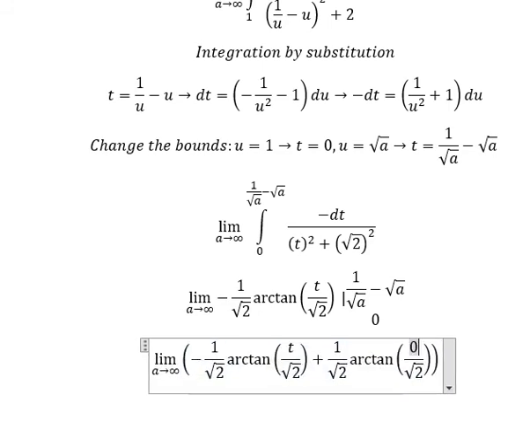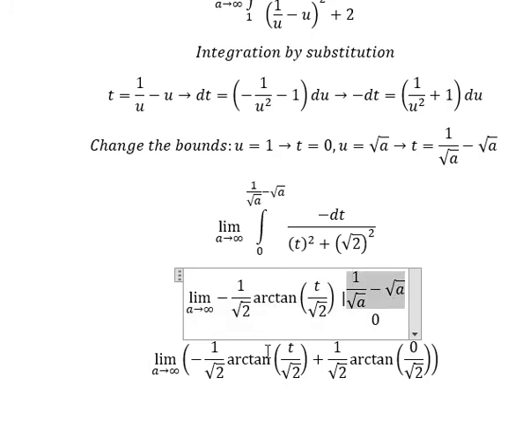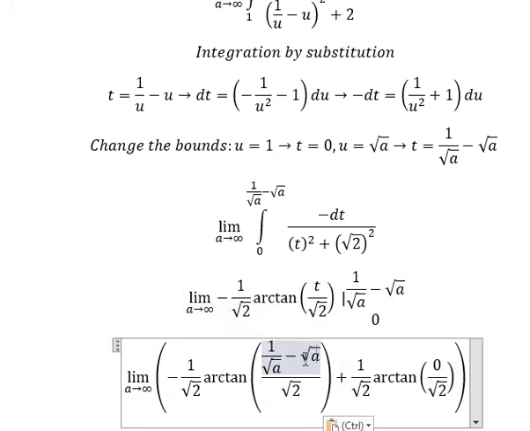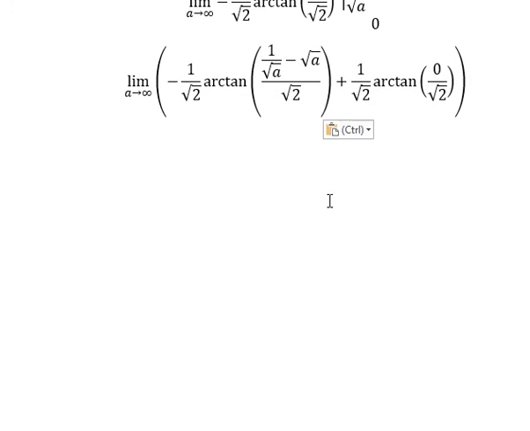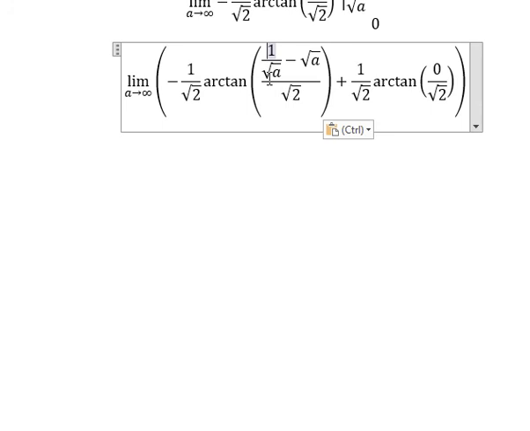Number 0 going here, and this one going here. So we know that when a approaches positive infinity, 1 divided by positive infinity, you get 0. This one will go to positive infinity, but we have the negative, so this one will go to negative infinity, and everything will go to negative infinity.